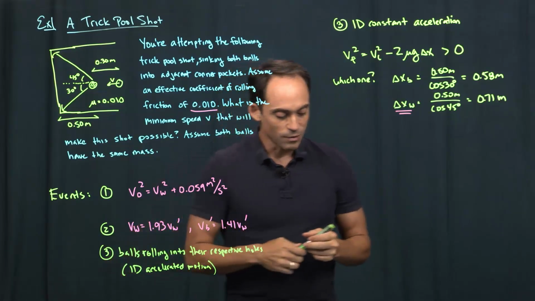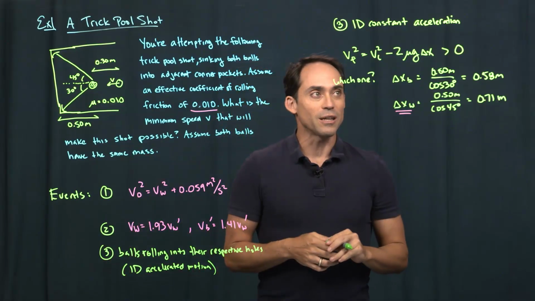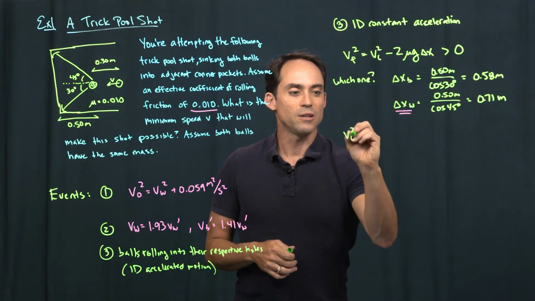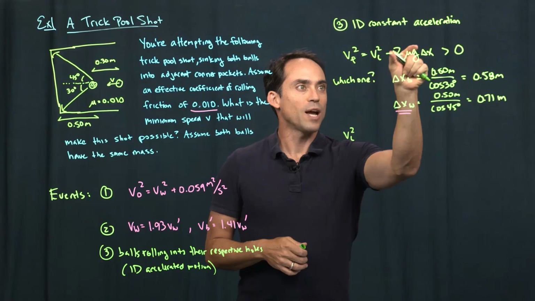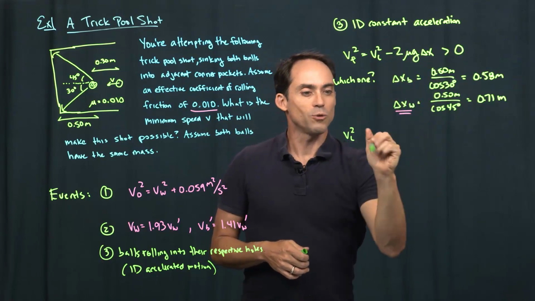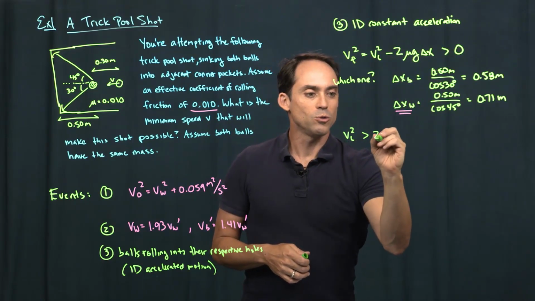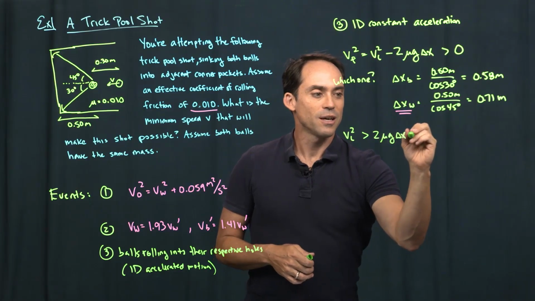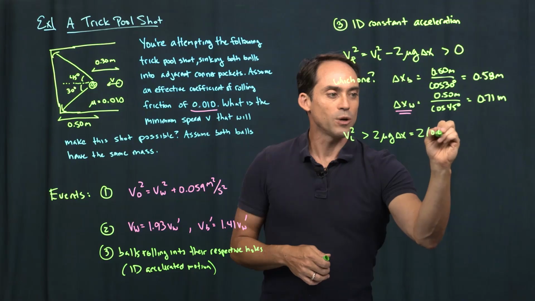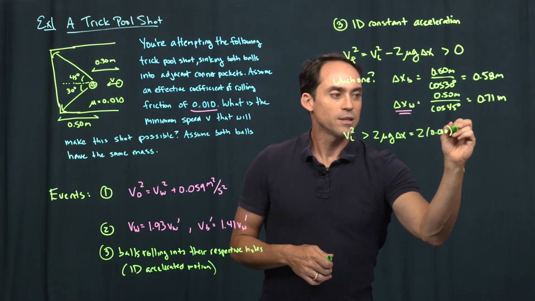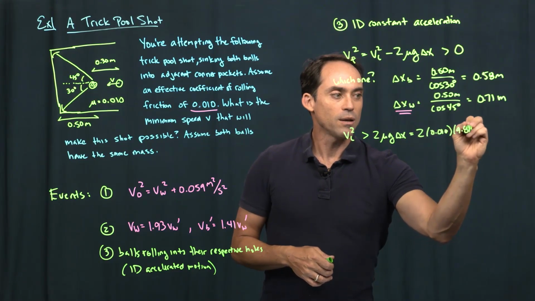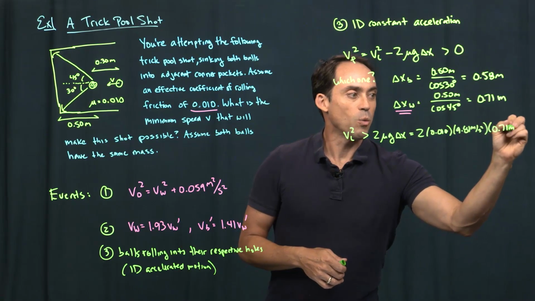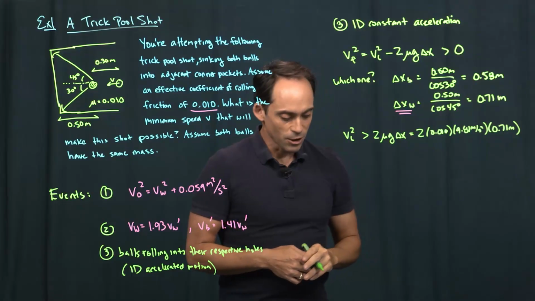All right, so now this is just a matter of plugging in the numbers, because what we're really looking at is a case where the initial speed squared has to be greater than this expression moved over, greater than 2 times mu times g times delta x, and that's 2 times 0.010 times 9.81 meters per second squared times the displacement of the white ball, which is 0.71 meters.